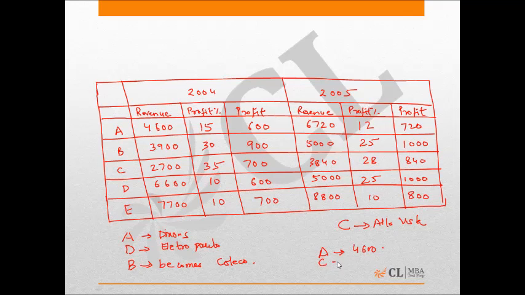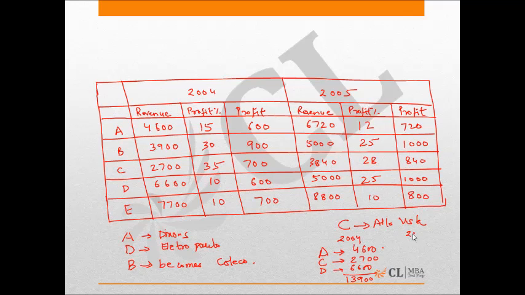For C, it would be 2700, and for D, it would be 6600. So the total, if I do, would be 13900. That is in 2004.